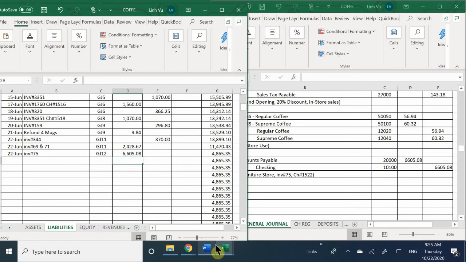Calculator. Let's see. Okay, I think I did that wrong. Take your time.